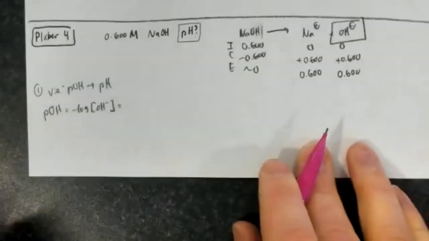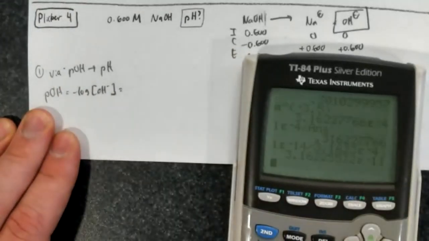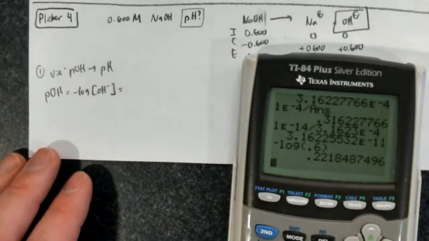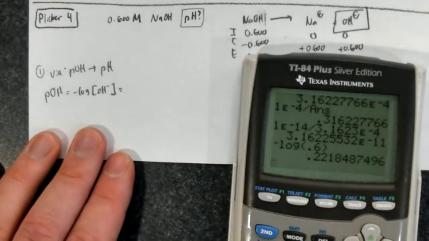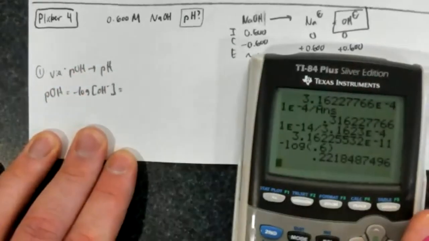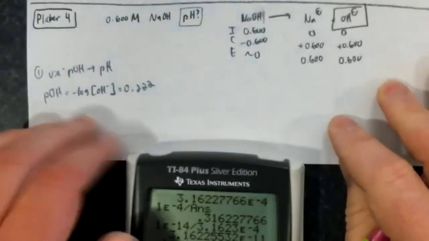So I take the negative log of 0.6, and that's going to equal 0.222, if I round this correctly.